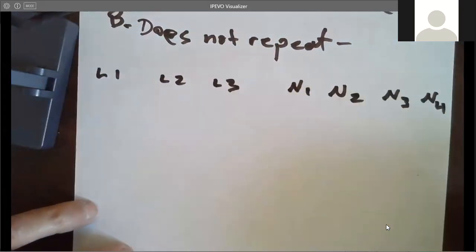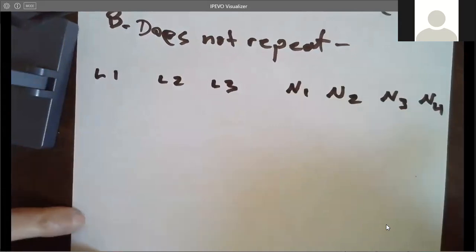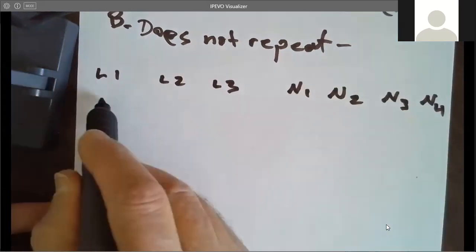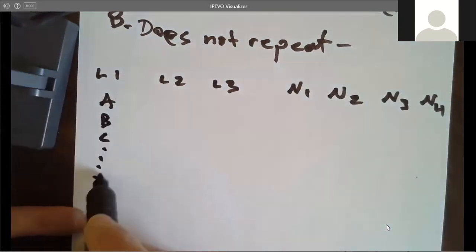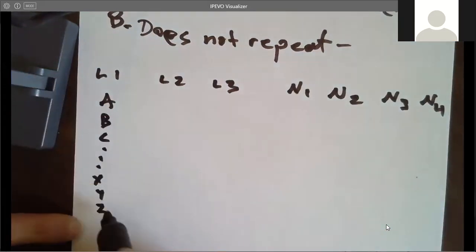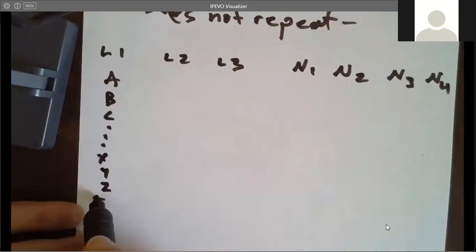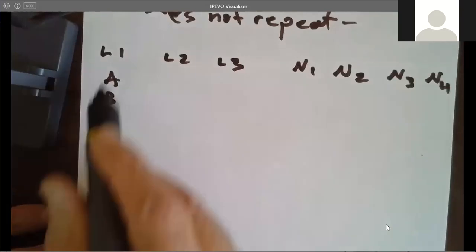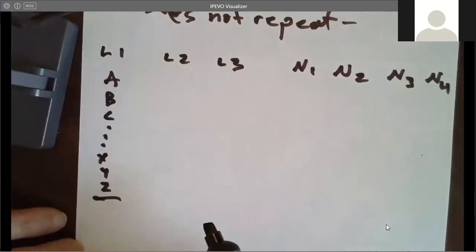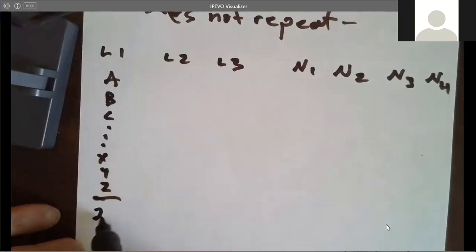And in letter 1, you can have A, B, C, all the way to X, Y, Z. So how many would that be? How many letters are there in the alphabet? Well, there's 26, right?